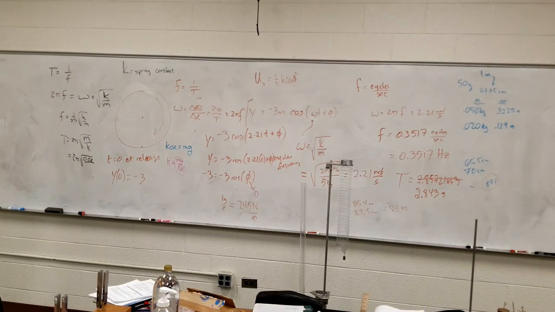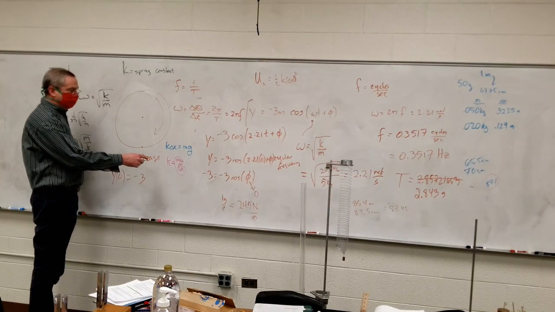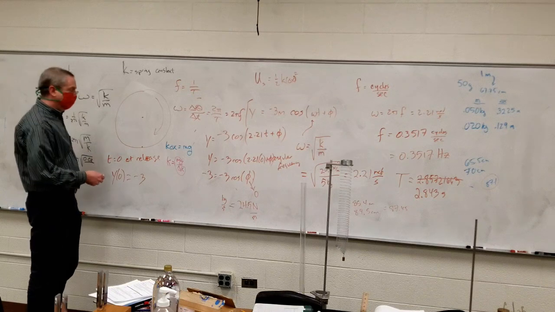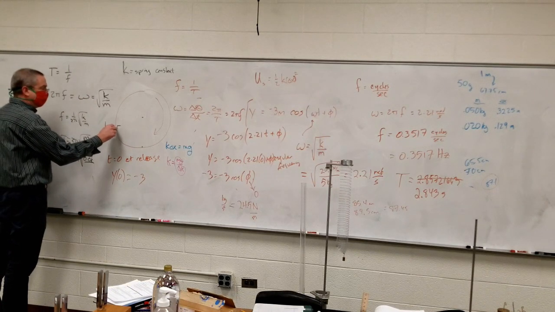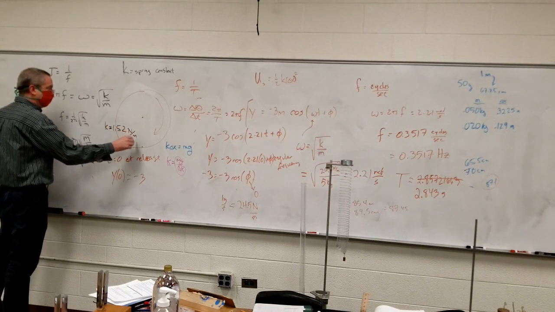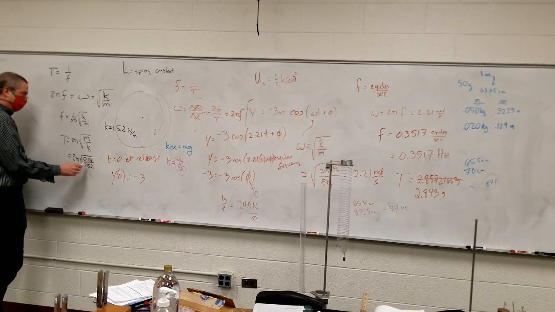Oh, we didn't actually solve for k, did we? The spring constant, I used the equation k delta x is equal to mass times, is that acceleration due to gravity? Yes, it is. So what'd you get for k? 1.52. And it wouldn't change due to the different masses, right?